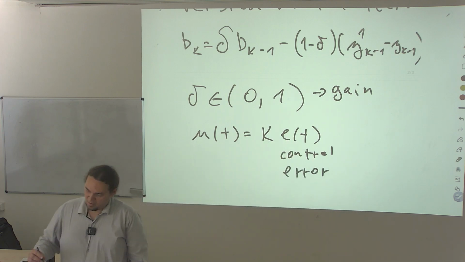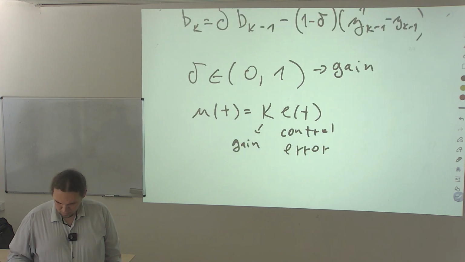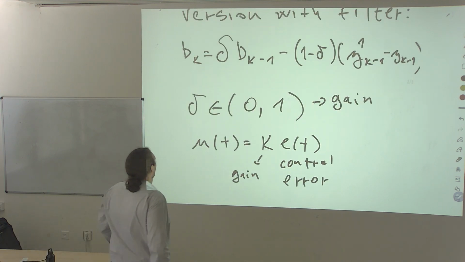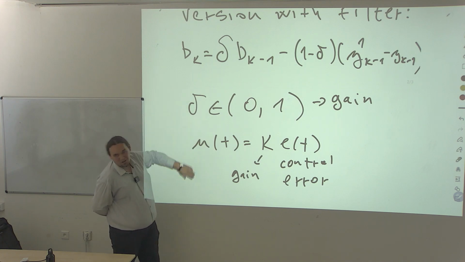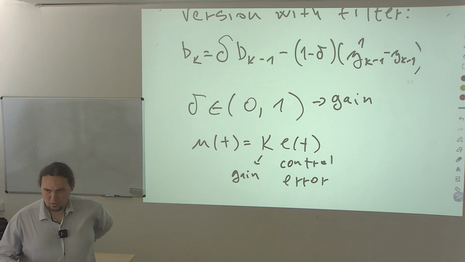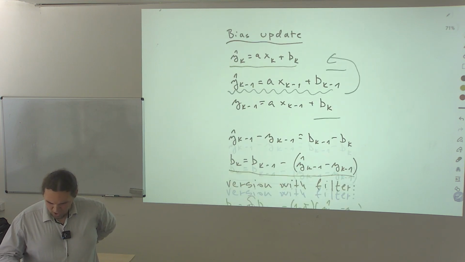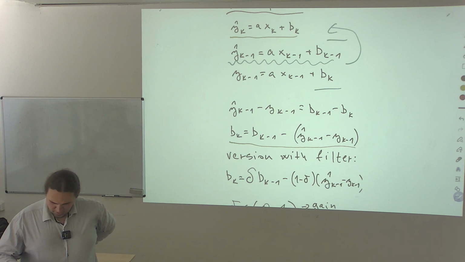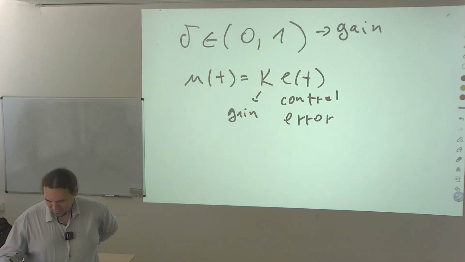We multiply it with some gain, and this is how we change our estimate of a control action. This is how we change the estimate of our model.